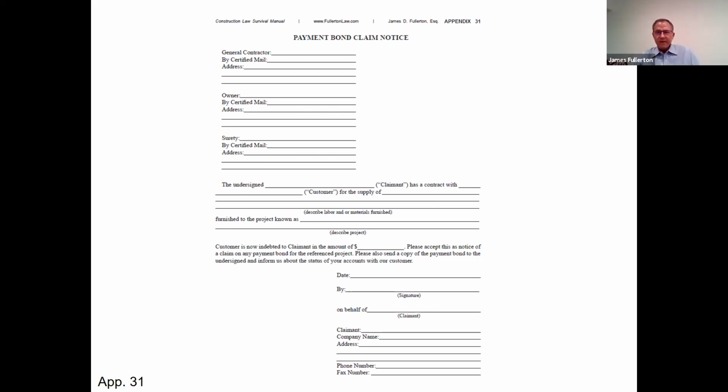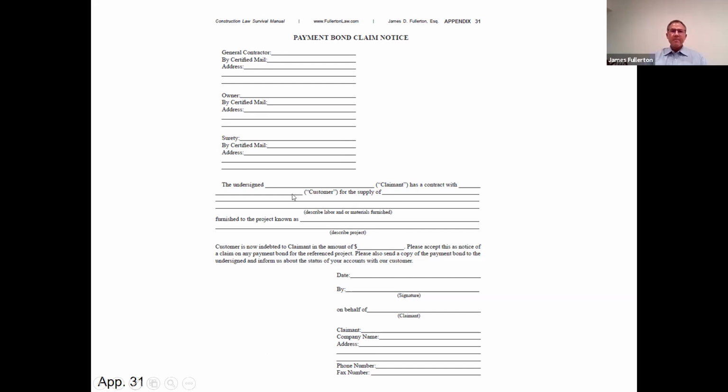But especially if you're owed 20, 30 grand, a letter could do it. The issue is who it goes to, stating who you have a contract with and describing the project. It's an easy test to pass.